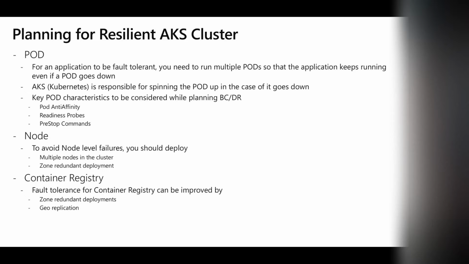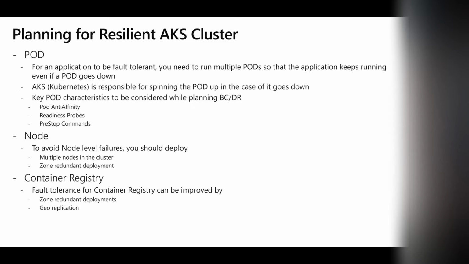That's where these three pod characteristics come in. These are some of the metadata tags that you can apply to make sure that your application continues to function appropriately. For example, pod anti-affinity.